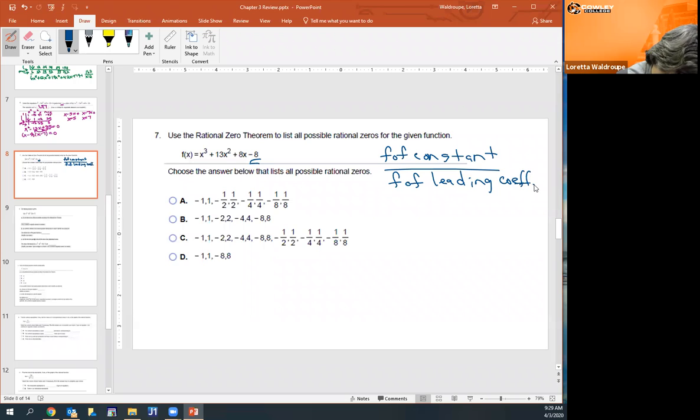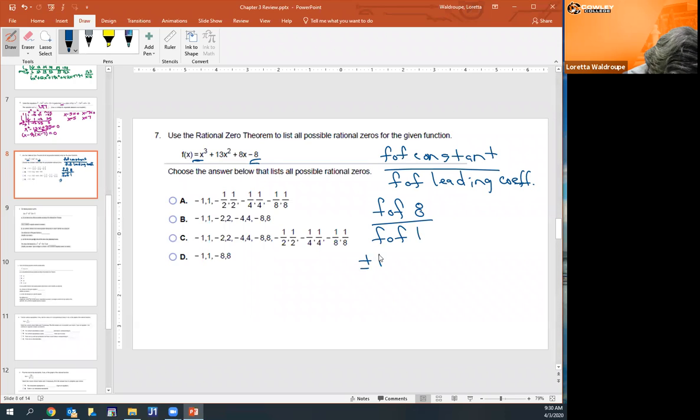And the leading coefficient is the coefficient of the term with the highest power. So I want the factors of 8 over the factors of 1.